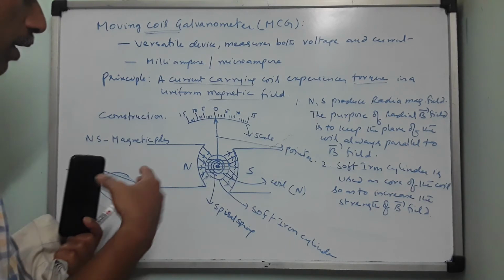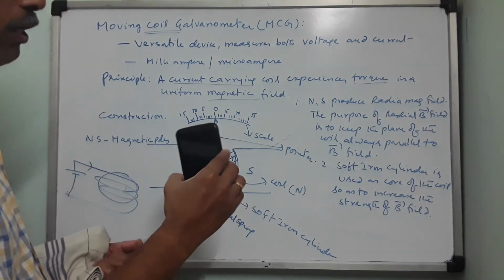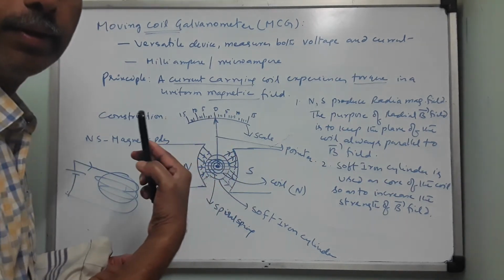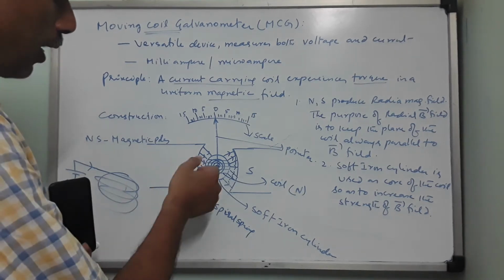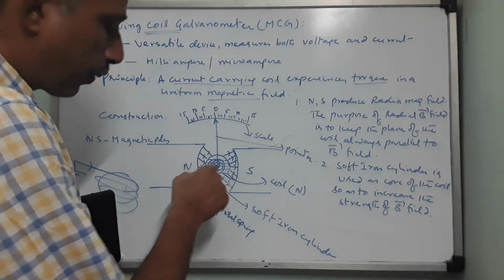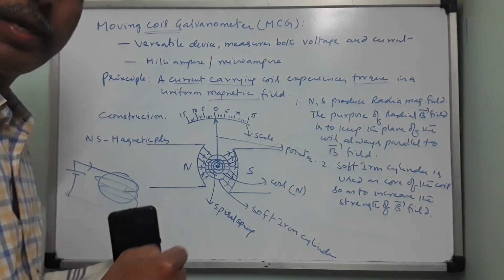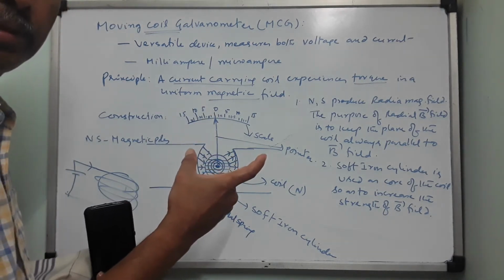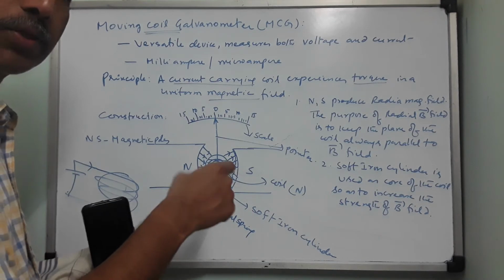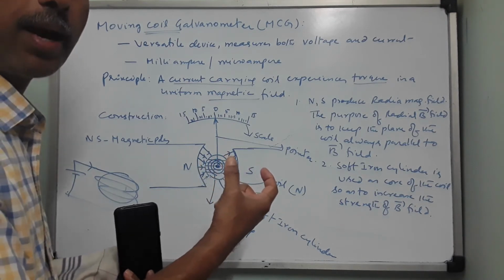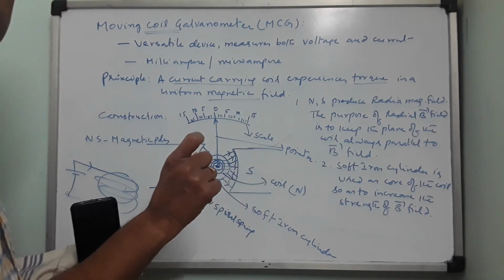That means it will not allow the coil to continuously go on turning. When the restoring torque in the spiral spring becomes strong enough, it will stop the rotation. After that, because of this restoring torque, the coil will come back to its original position.